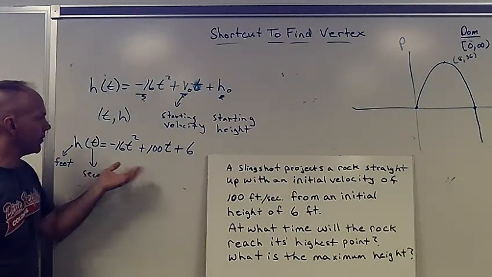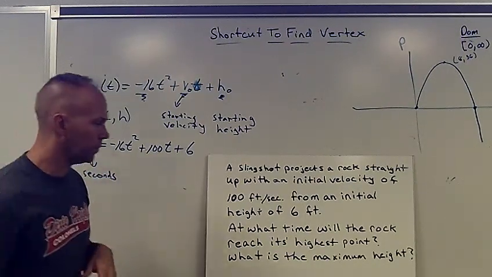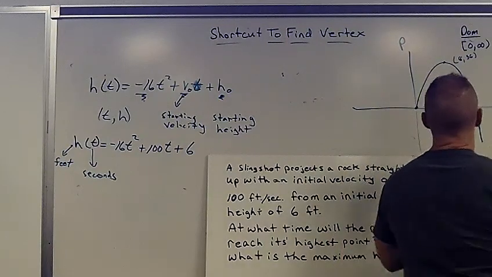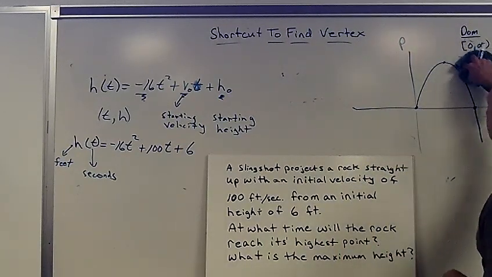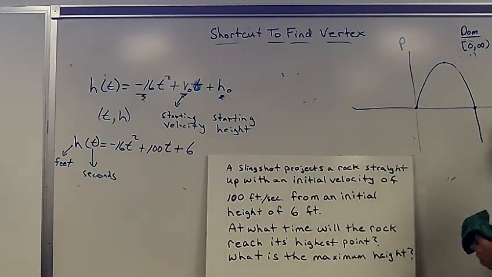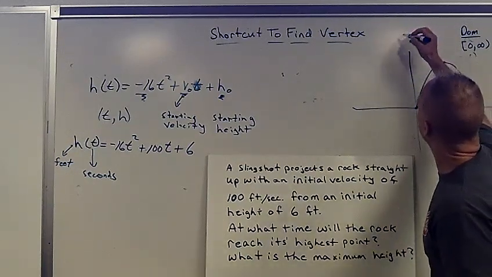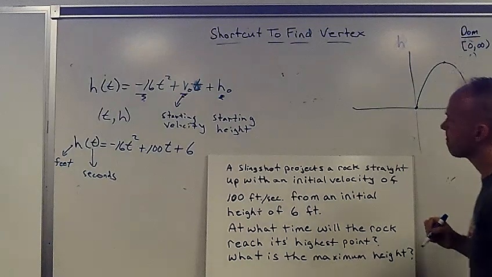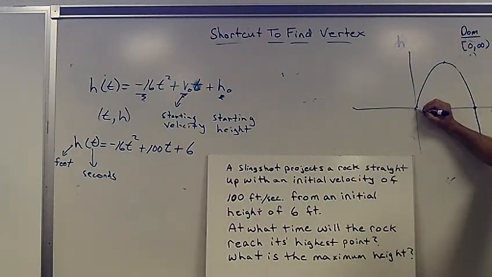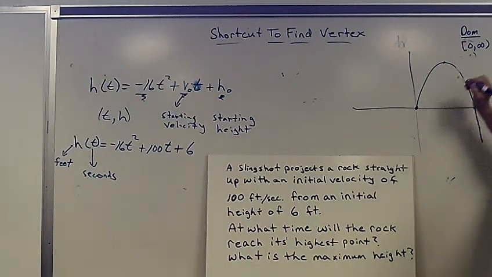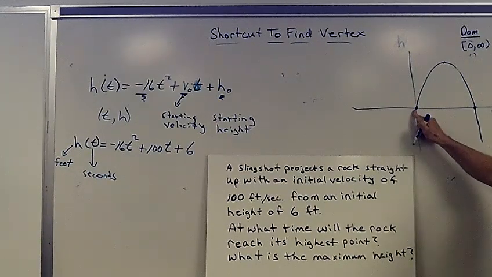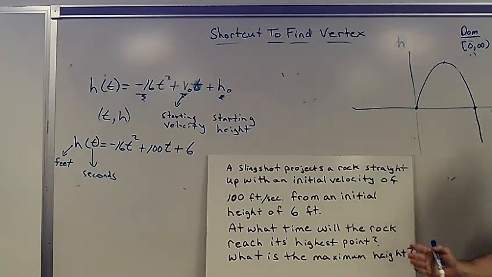Now, let's think about this problem graphically like we did our other problem. Our domain variable is t, time. Height is a function of time. So our range variable, our dependent variable, is height. Just like our previous problem, our domain starts at 0. When our experiment starts, that's t equals 0.